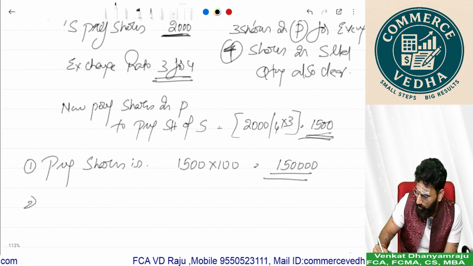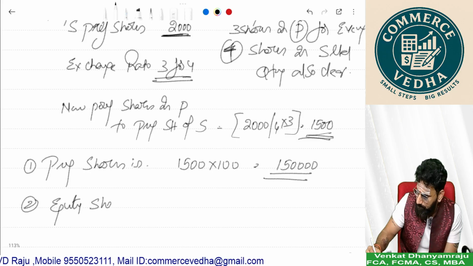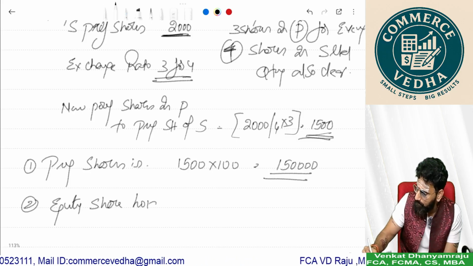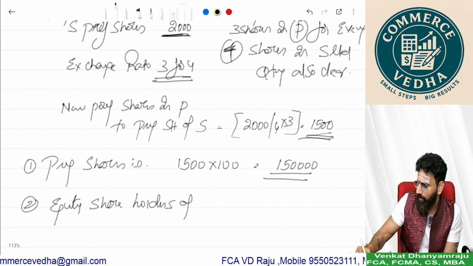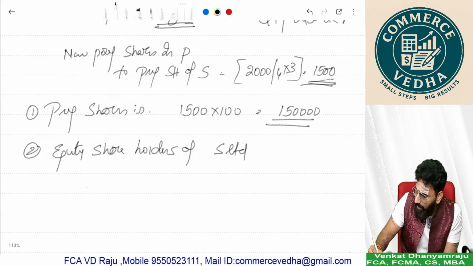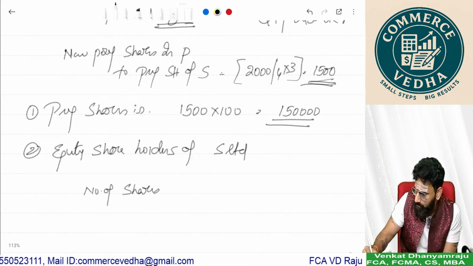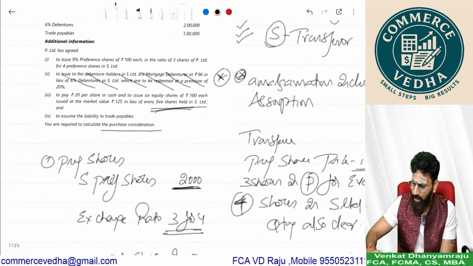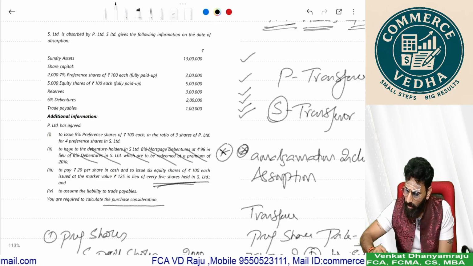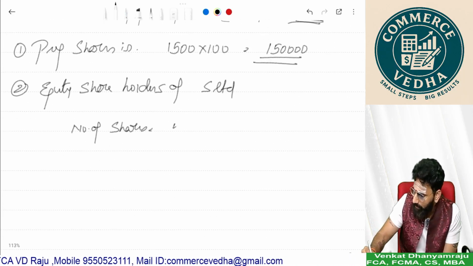Number 2, equity shareholders of S Limited. How did they get it? Number of shares: the existing number of equity shares is 5,000. So I'll come here, 5,000.